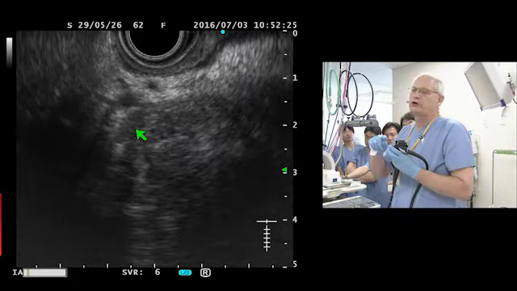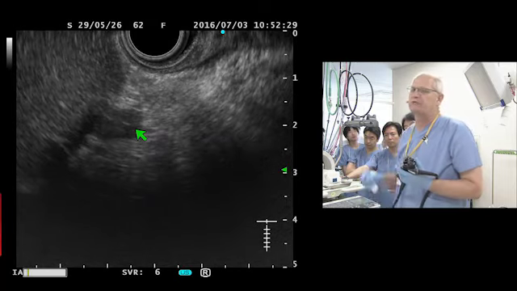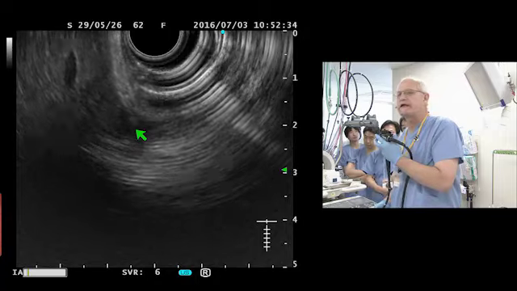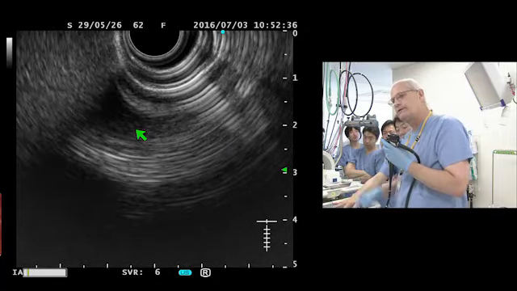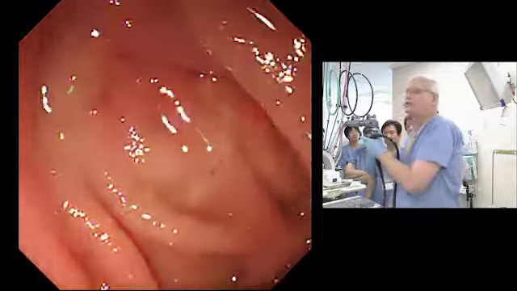But I now want to go to the third position for the head of the pancreas, because this is actually, I think, the most important for this particular case. So now we're going to go around the apex of the duodenal bulb. And I call this the kissing maneuver.